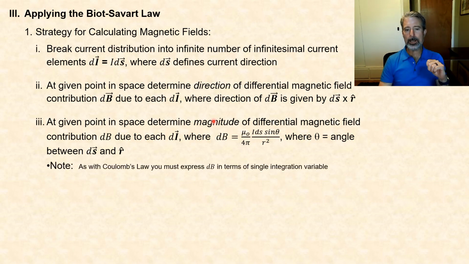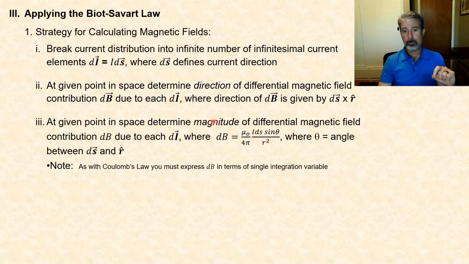I just want to point out here that just as in the case of applying Coulomb's law to figure out the electric field, in order to evaluate the integral, we had to get a single integration variable. Same thing applies here. So all these tricks you learned for being able to get that single integration variable will come in handy with magnetic fields as well.